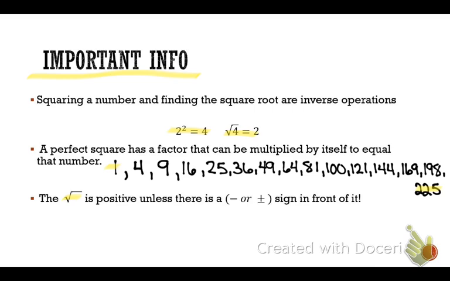So how many numbers does that leave that will not have even square roots? 210. If there's 225 numbers and only 15 of them have even square roots, that means 210 numbers will not have an even square root.